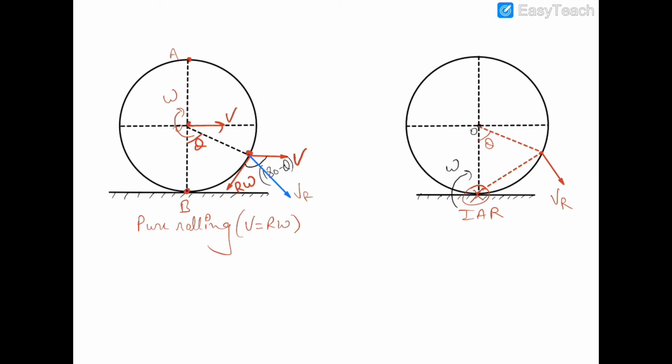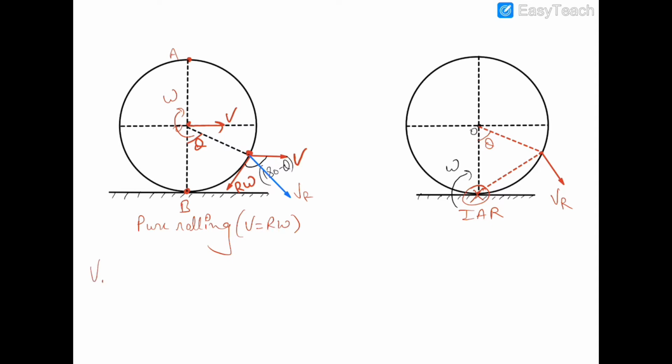Now if we find out the velocity of any general point, let us say this point which is at an angle of theta with the lower vertical, we can write down the velocity of this point due to translational motion, it is V, and due to rotational motion it is R omega in downward tangential direction. So we know that V is already equal to R omega.